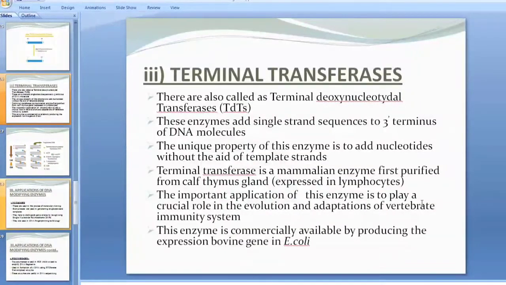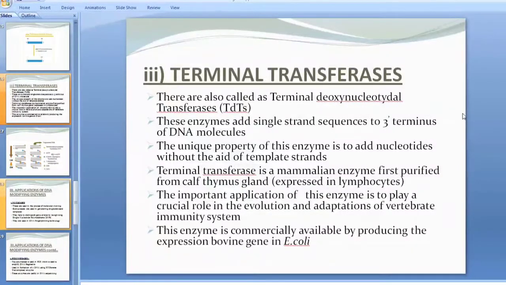And a third type of enzyme which act upon the terminal part of the DNA are the terminal transferases. These are also called TdT, terminal deoxynucleotidyl transferases. These enzymes add single strand sequences to 3' terminus of DNA molecules.